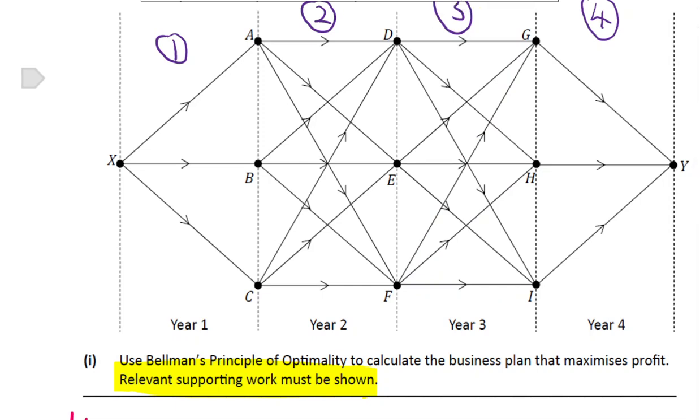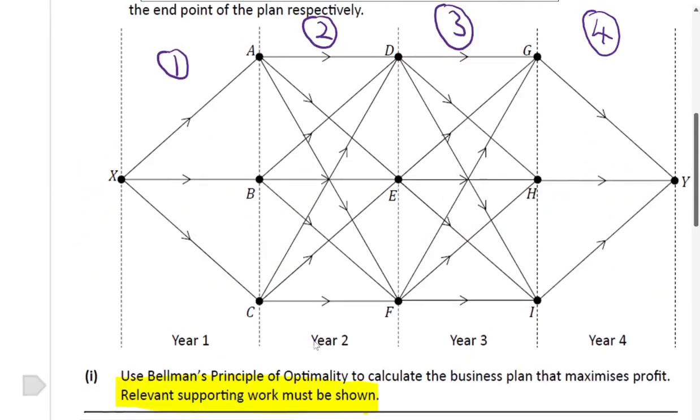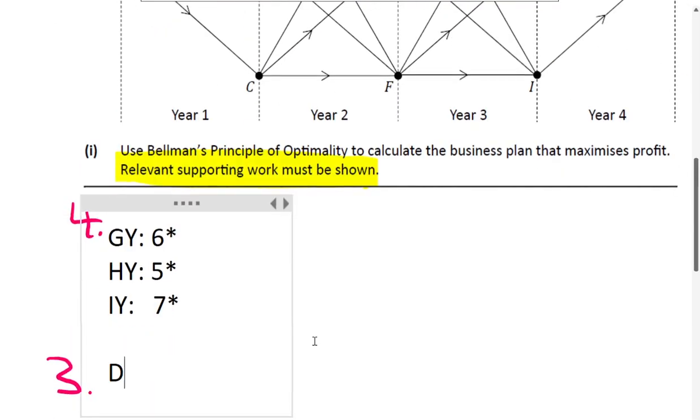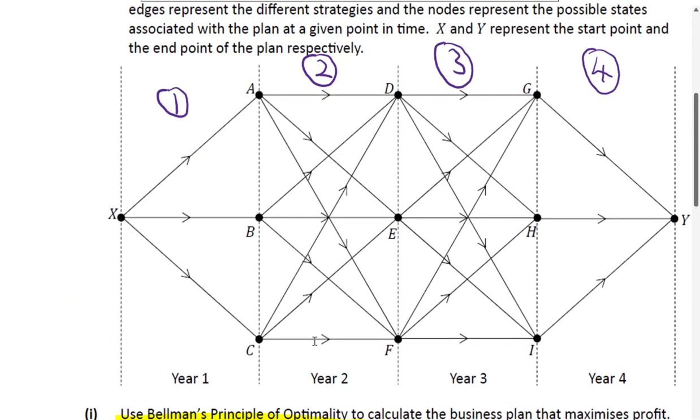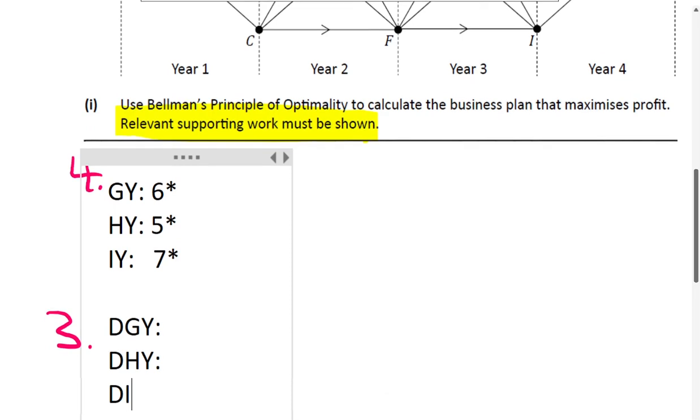So what we have to do now is, sorry, we start with D. And where can D go in our graph? D can go to G, to H, to I. So the options for the path are DGY, because the GYs are optimal from G, DHY, and DIY.